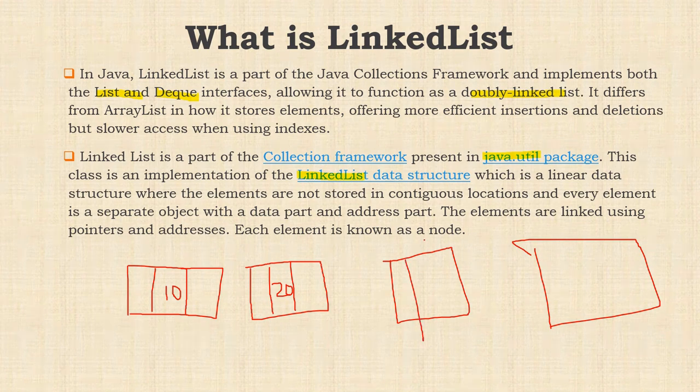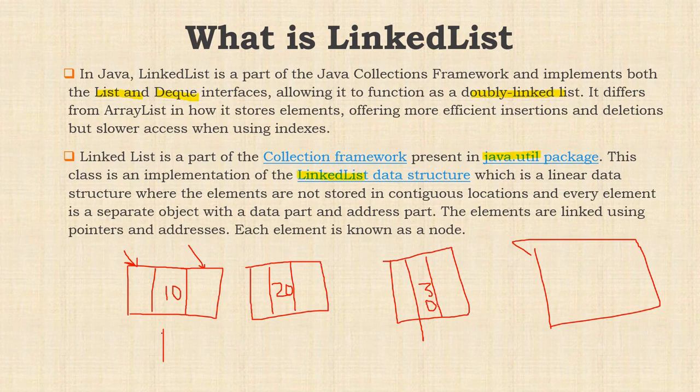So we are going to use a doubly linked list here. Here 30 will be the data. So what is happening here? In a doubly linked list, the first part will store the address of the previous node, and the last part will store the address of the next node. This is one node.